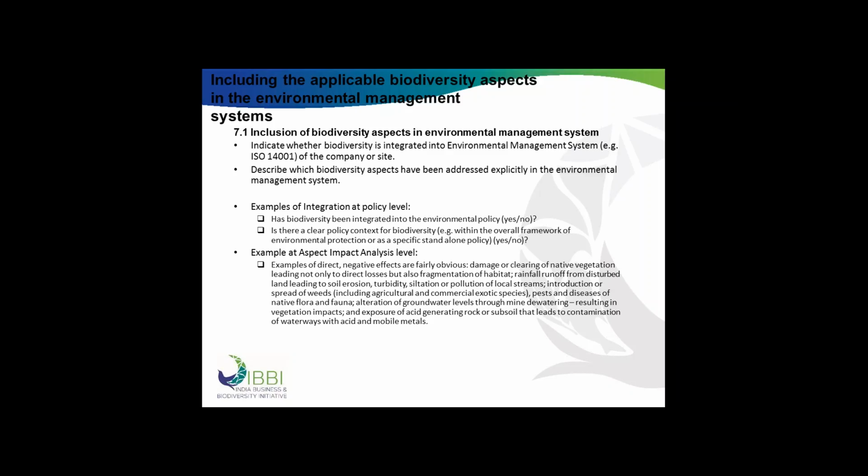These are the secondary impacts, and with aspect impact analysis, they can easily distinguish the primary and secondary impacts, and plan management measures for the secondary impacts also. As per our EI requirement, we are only focusing on the primary impacts and not the secondary impacts. So these are the examples that a company can present under this indicator.